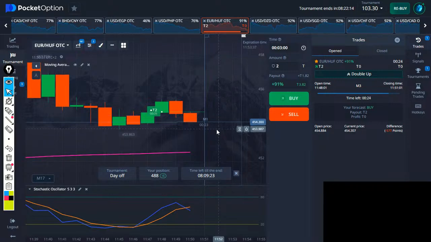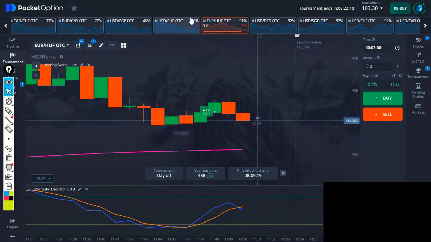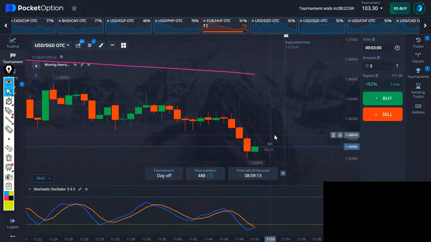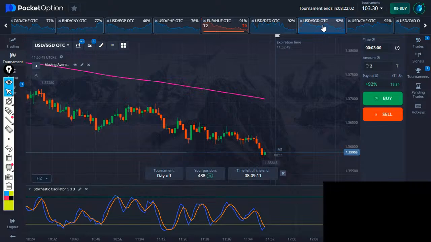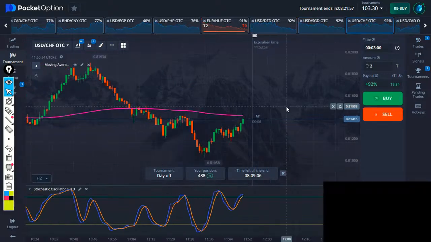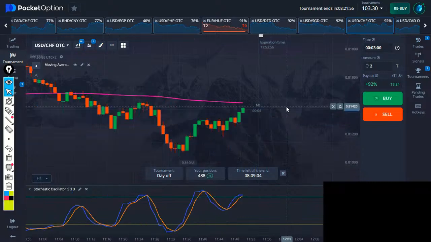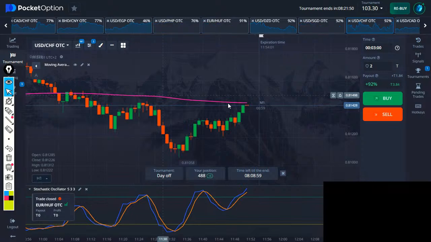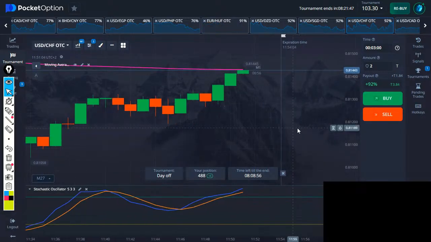This is gonna be a loss. Let's look for another opportunity. This is also nice. We have a support, we have a resistance line over here. We have the EMA. So I'll wait.